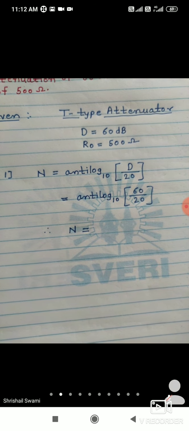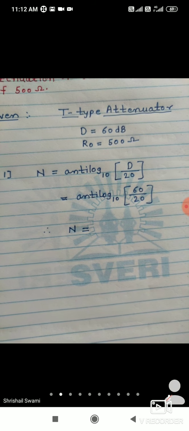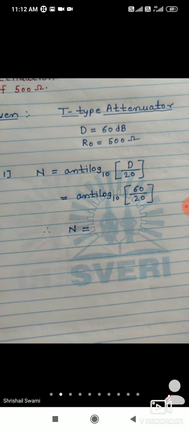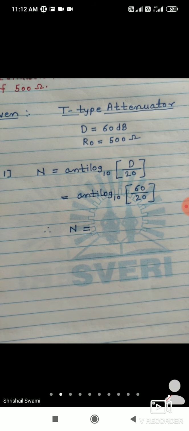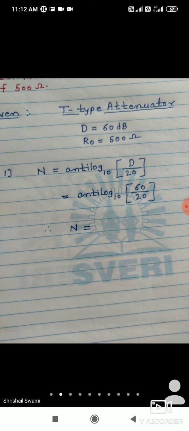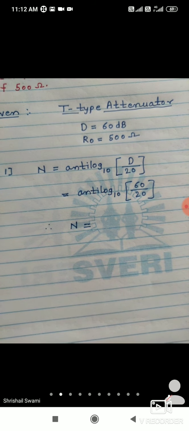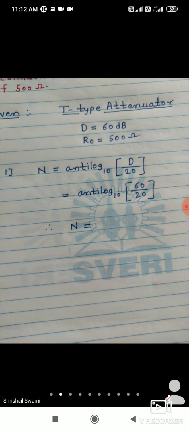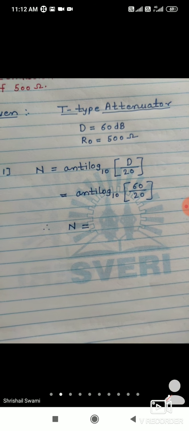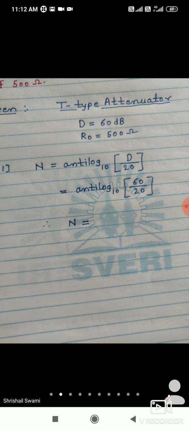Shift log. Use calculator. Press shift log. Shift log means antilog. Shift log and in bracket write down 3, because 60 divided by 20 is 3. What you got? Yes.